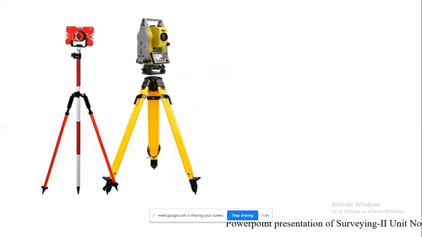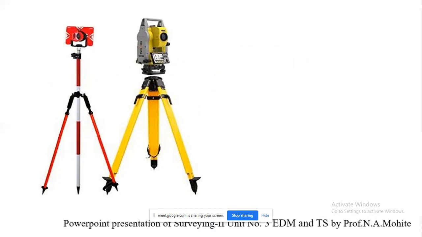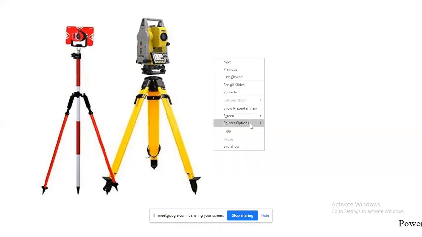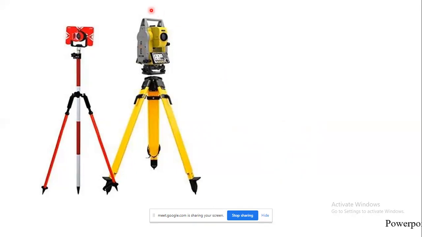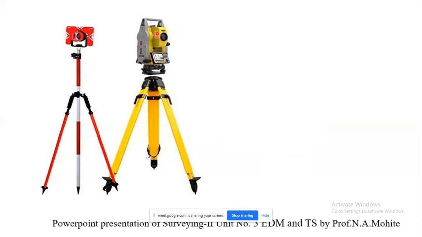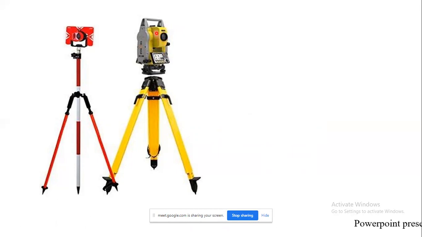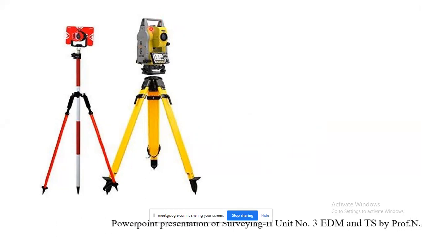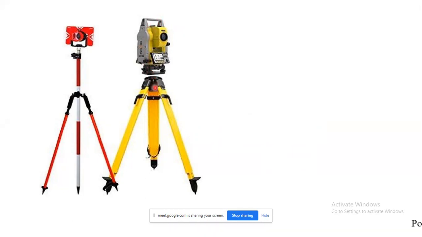So this is the total station, which is mounted over a tripod stand. Here you can see it is provided with a screen. Function keys are there. Correspondingly, there is a telescope and a handle to lift the instrument from the box and fit it over the tripod stand.